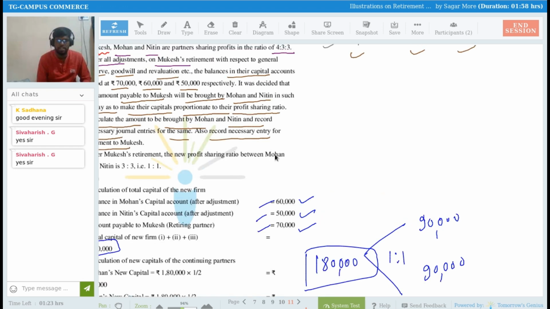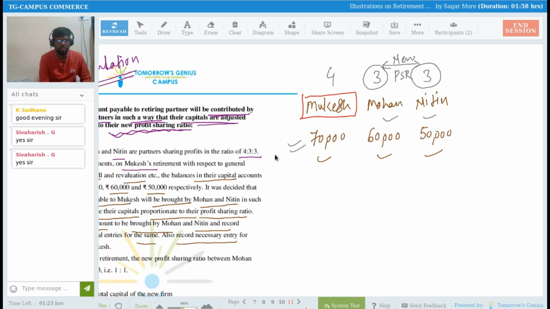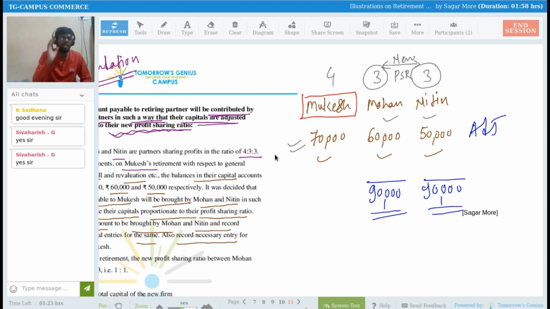Now, the capital is 90,000 and 90,000. I'm writing here: this was the adjusted capital, and the final capital is 90,000 and 90,000, right? Sir, I have satisfied their condition that their capital must be in proportion to their new profit sharing ratio.